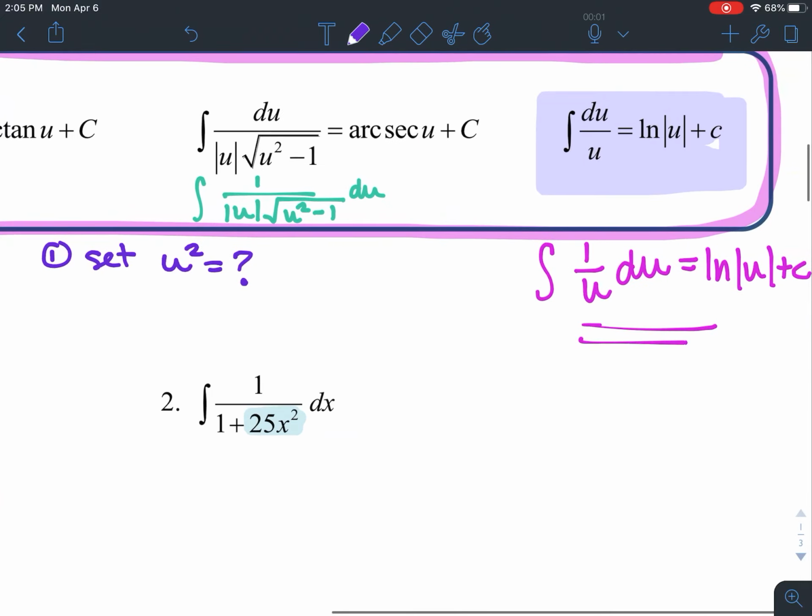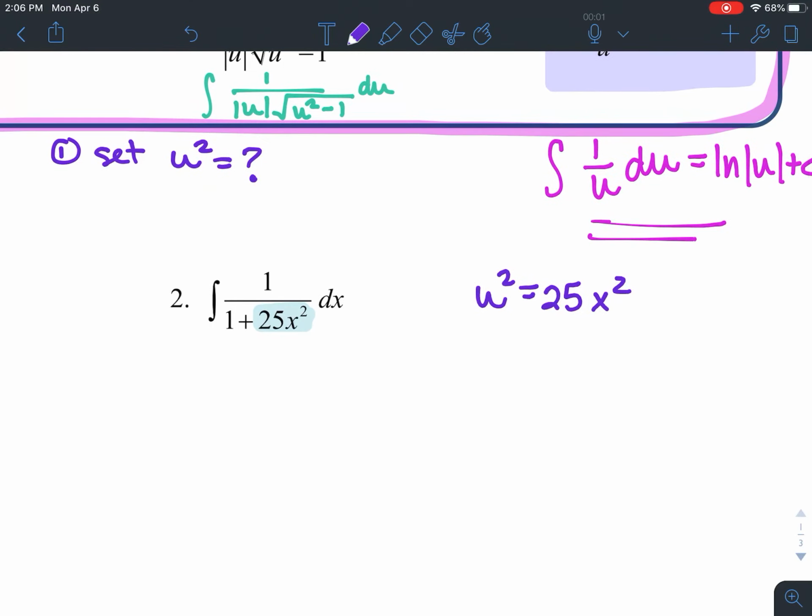All right, so I'm going to set 25x squared equal to u squared. There we go. Now I've got the antiderivative of 1 over 1 plus 25x squared dx.